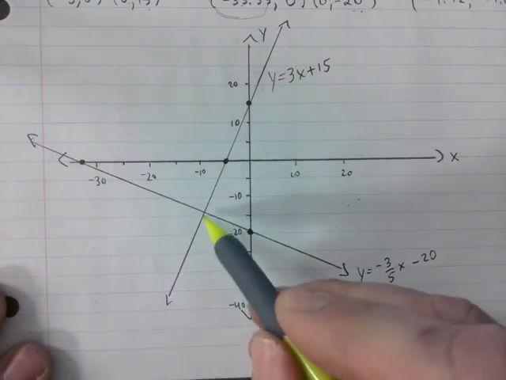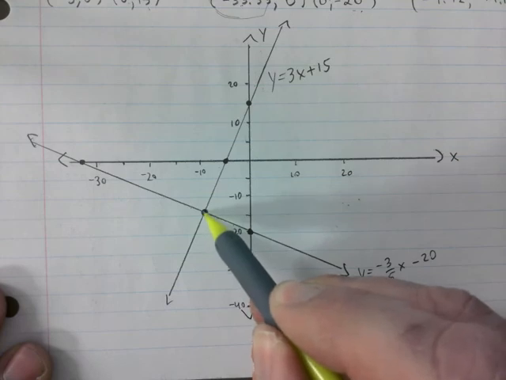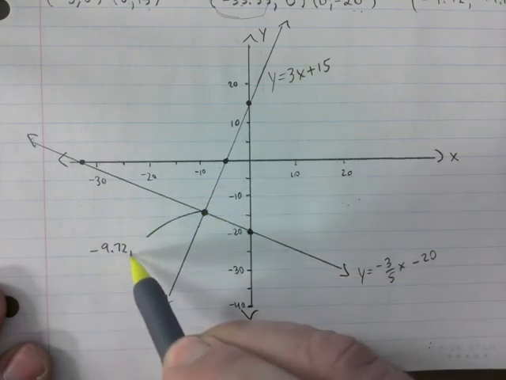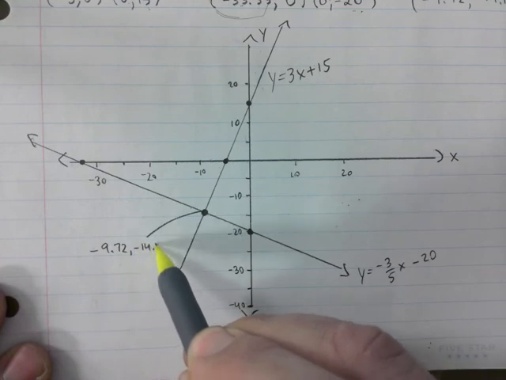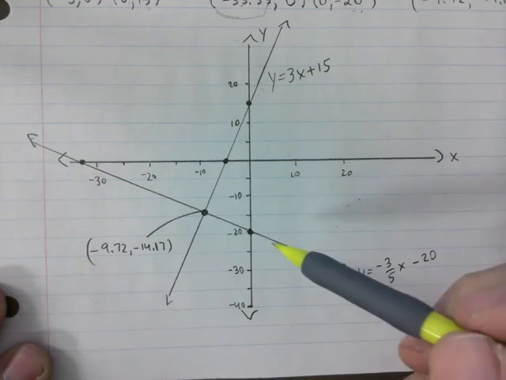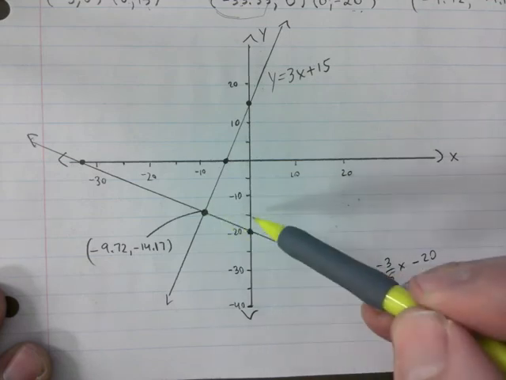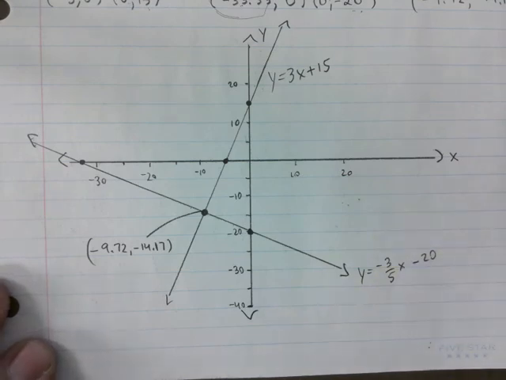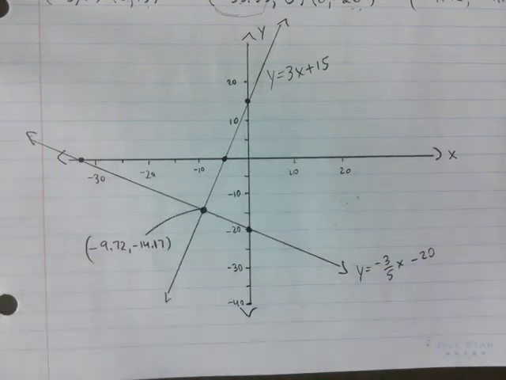The only thing I do want you to label here is this. That's negative 9.72, negative 14.7, sorry, 17, sorry. And it does kind of line up where it's supposed to be. If you do everything else right, that will just work out automatically.